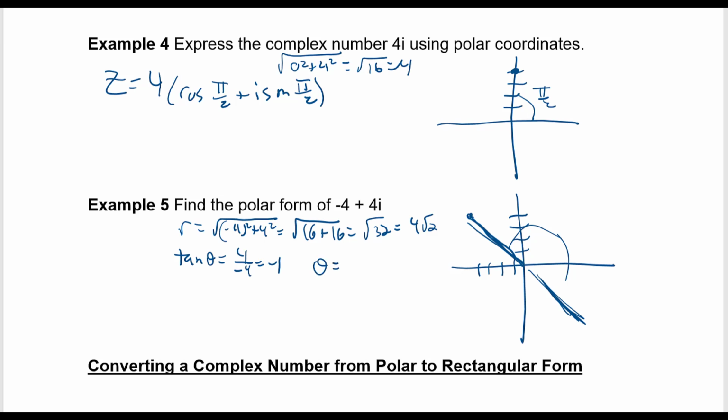This implies that theta is pi over 4, but to put it into this quadrant, we add pi to that to get us, actually, yeah, it would be 5 pi over 4.